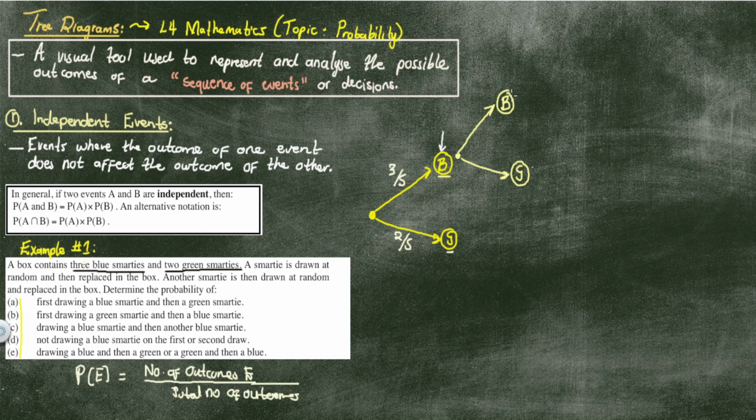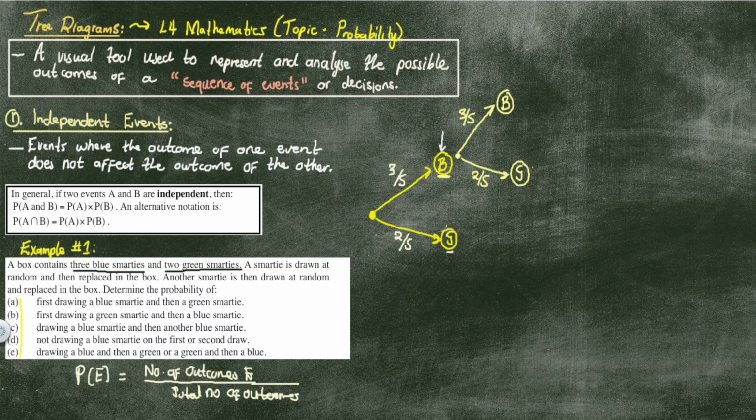So what is the probability of me taking out the blue smartie? Remember, the blue smartie was not eaten, I took it out, checked it, and put it back. So the probability of me taking out the blue one again is still 3 out of 5. The probability of me taking out the green one is 2 out of 5.